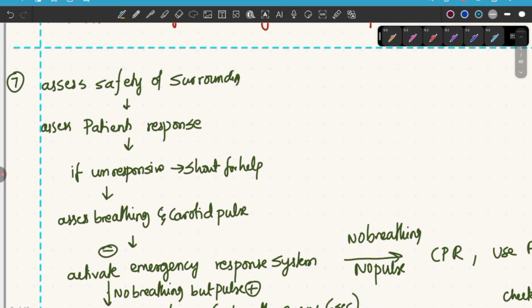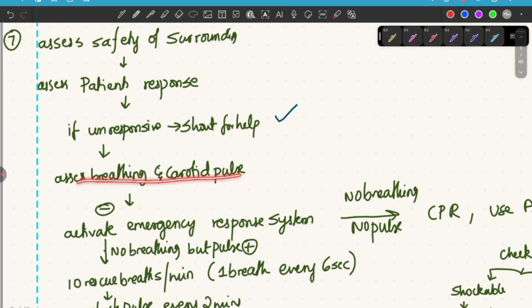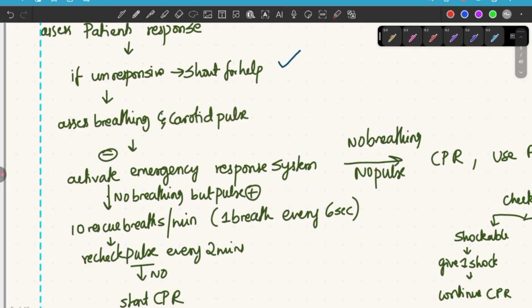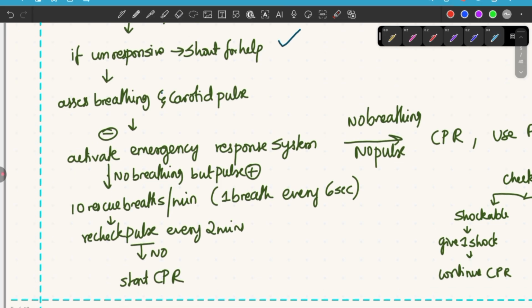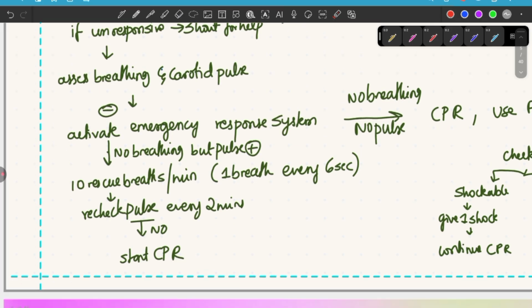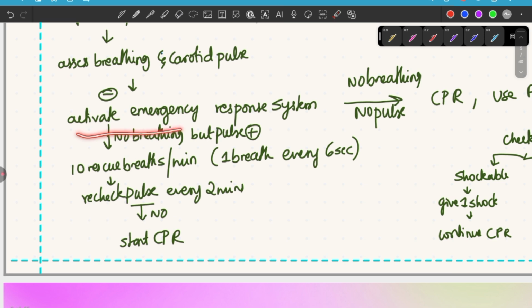Then what you have to do: if the patient is unresponsive, shout for help. Yes, that is the correct one. Then assess for breathing and carotid pulse. If everything is normal, okay, he might have fallen down or something. If he is not breathing or has no carotid pulse, then you have to activate the emergency response system.